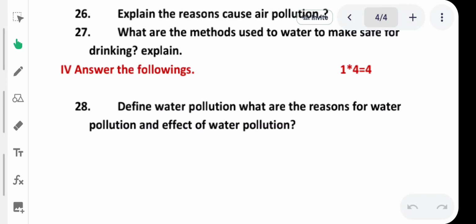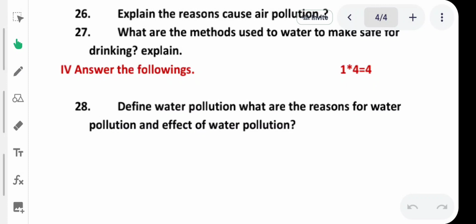And also we clean vessels, animals and vehicles in the water bodies, which will also cause water pollution. And also the feces of human beings and animals contaminate the water and it gets polluted. These are the causes.